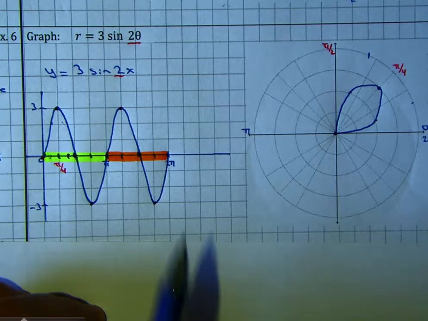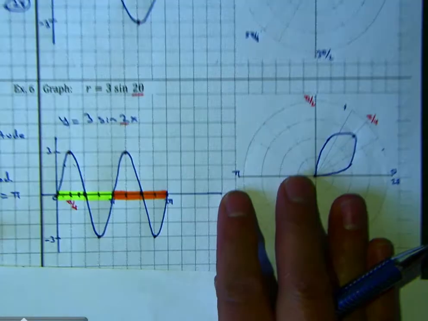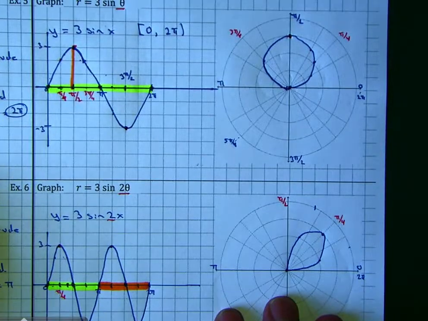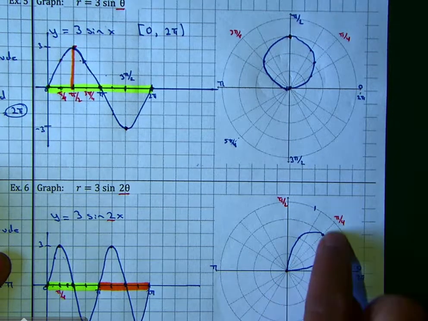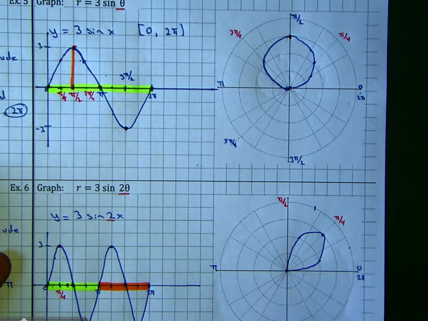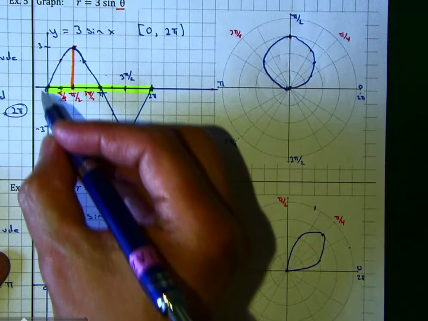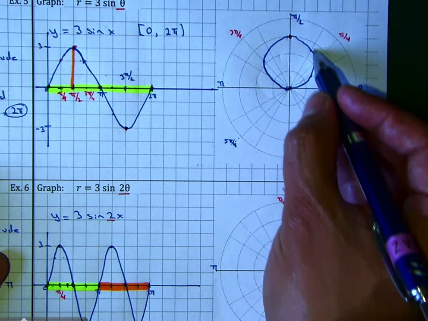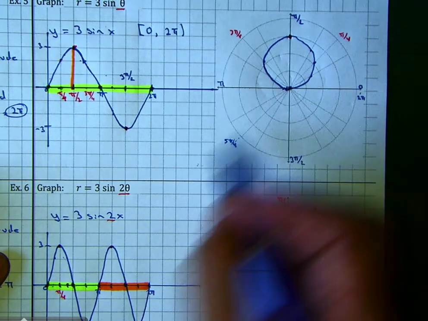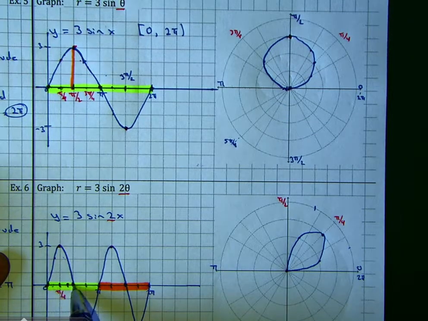So what we had before, this section here got moved to this part here. Do you guys see it? So something that you need to understand is that this rotation was from 0 to pi. Now it became from 0 to pi over 2.